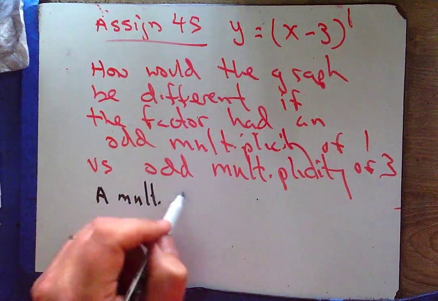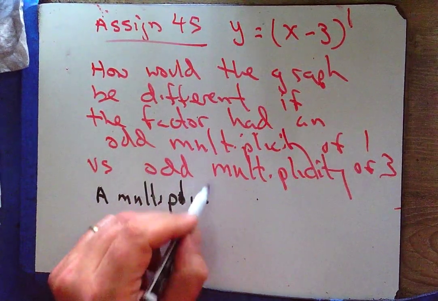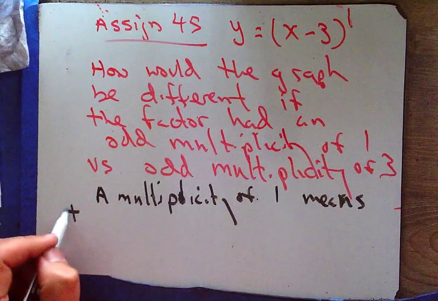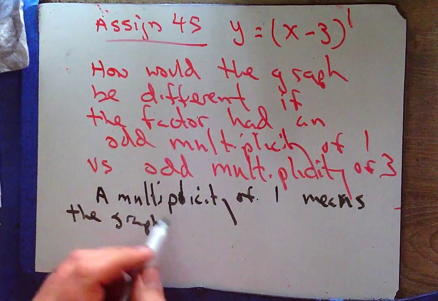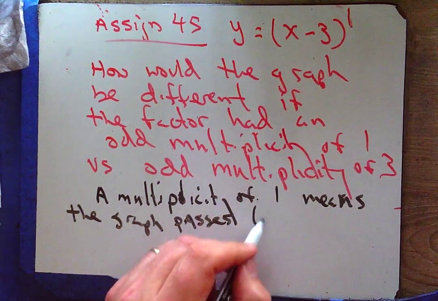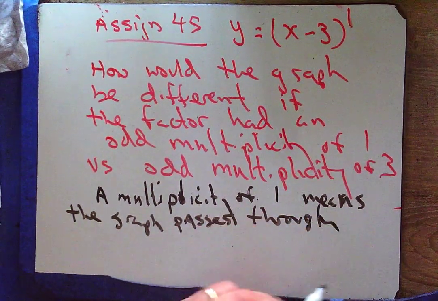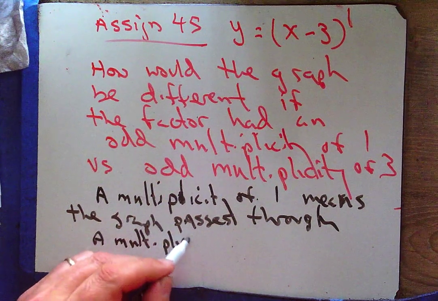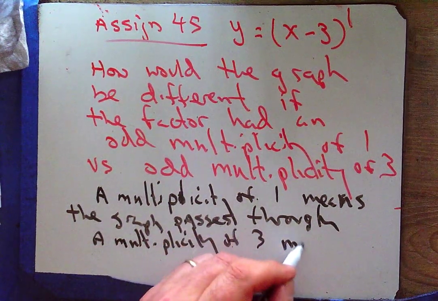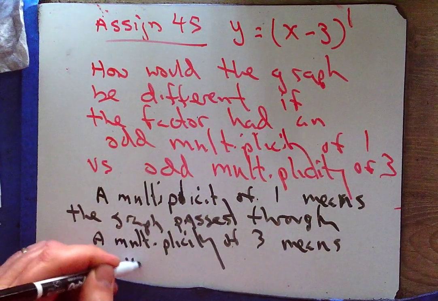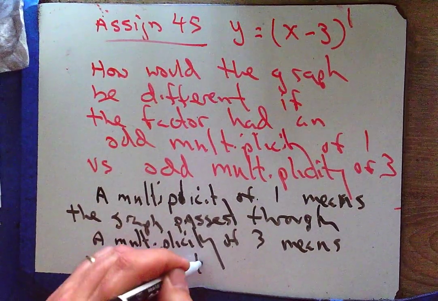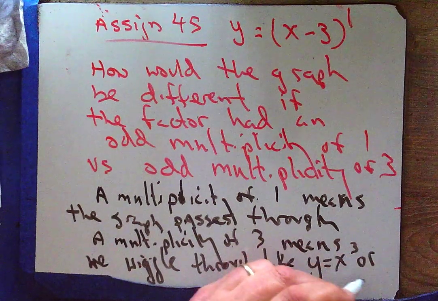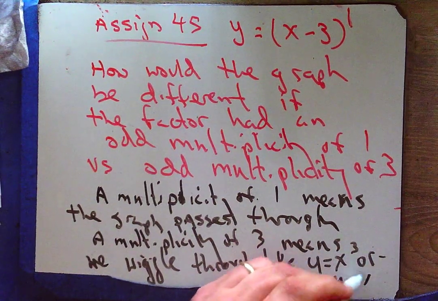Multiplicity of 1 means the graph just passes straight through, but a multiplicity of 3 means we wiggle through, like y equals x to the third or y equals negative x to the third.